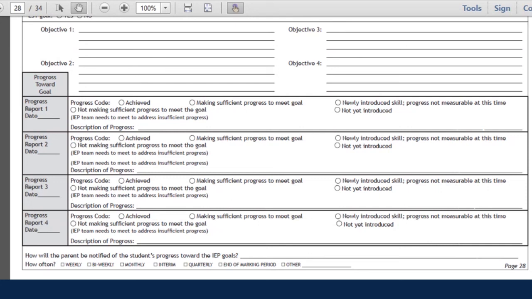And then the other thing I just want to share with you about "making sufficient progress to meet the goal" is that sometimes, along with the box being checked, there will also be examples of what they are seeing.